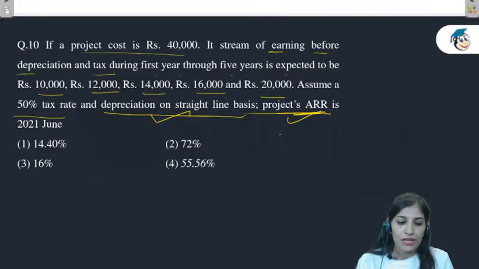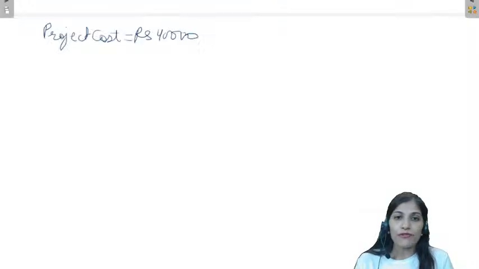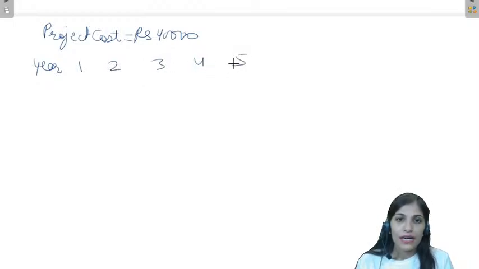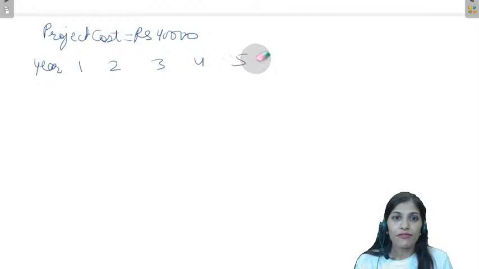Right? Next. Here now we have 10, 12, 14, 16, and we have to prepare a table here. And this is ARR, so we have to calculate the average also.